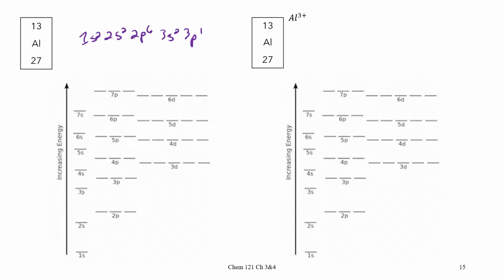So if we go up to 13, 1, 2, 3, 4, 5, 6, 7, 8, 9, 10, 11, 12, 13. And on the next one, we're losing 3 electrons, for the aluminum ion. So we want to write the electron configuration for that one. And if we're losing, we're only going to have 10 available.